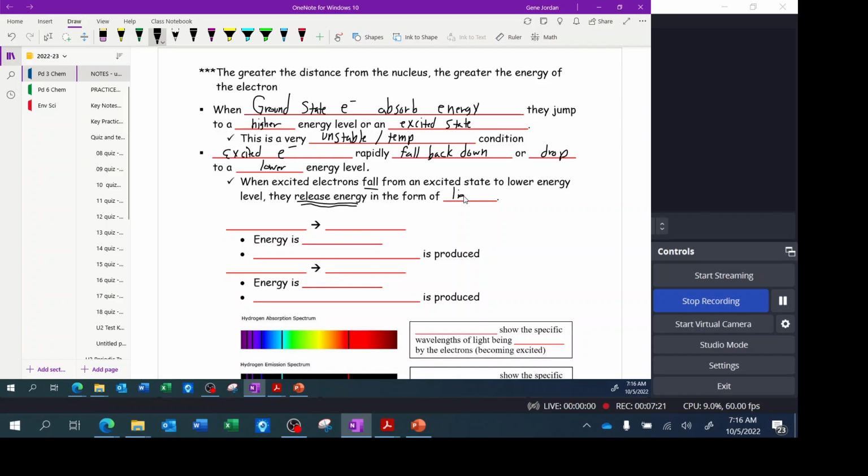The type of light that is emitted depends on its frequency, and the frequency depends on the atom that it's released from. So when we go from ground to excited, it has to be gaining energy. Energy is absorbed.